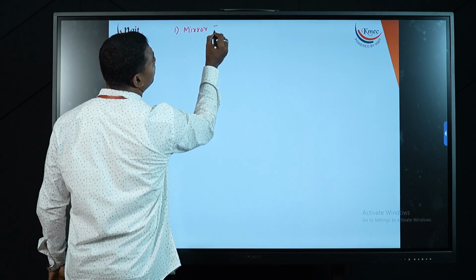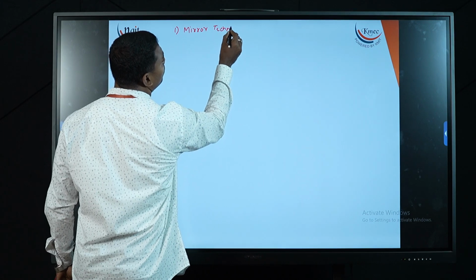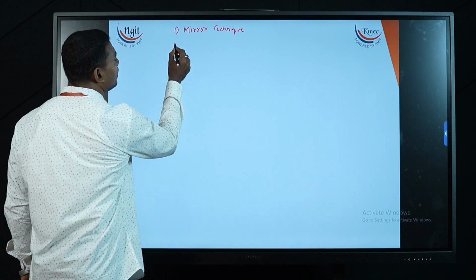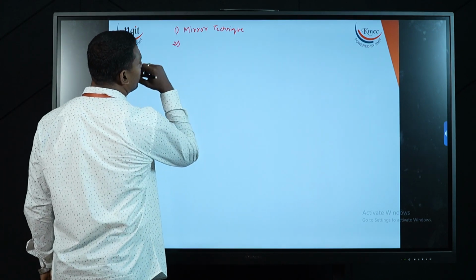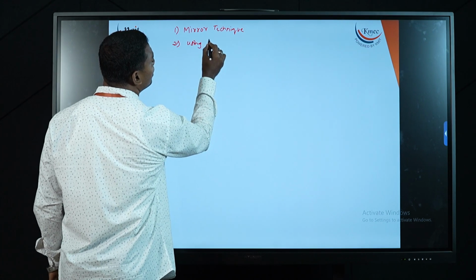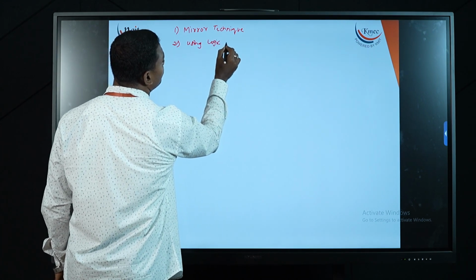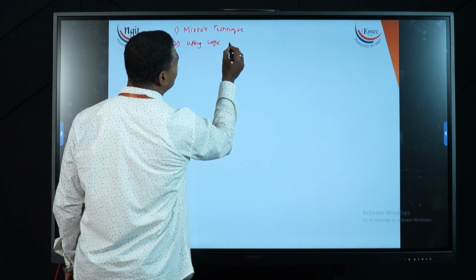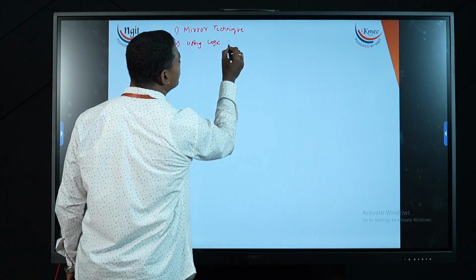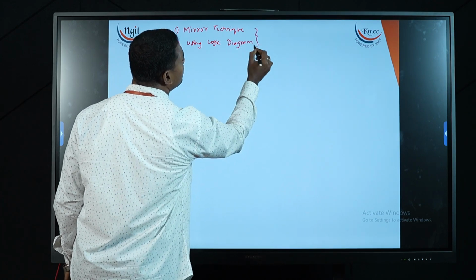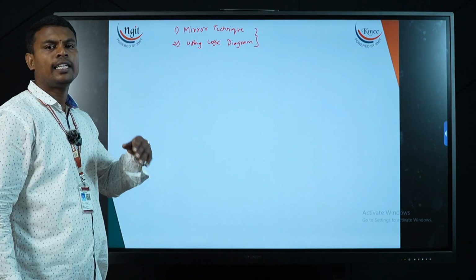The second one is gray code generation using a logic diagram, or logic expression. Logic diagram I will write. So these are the two techniques available for generating a gray code.